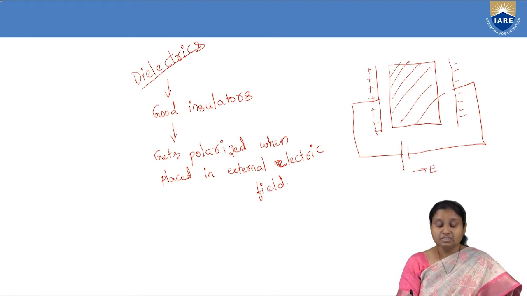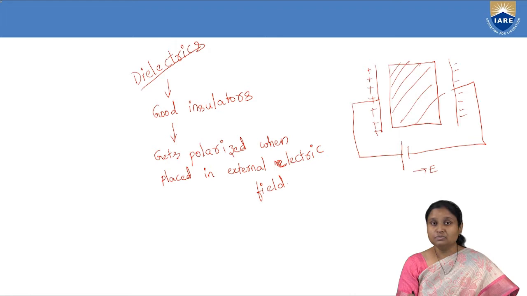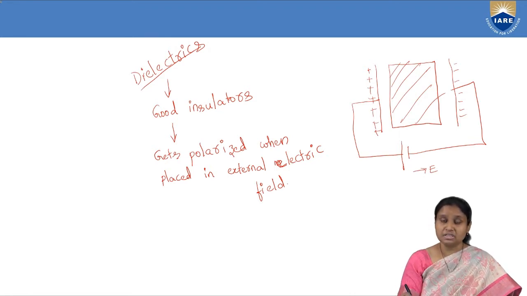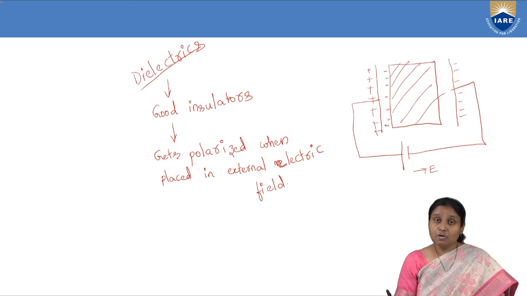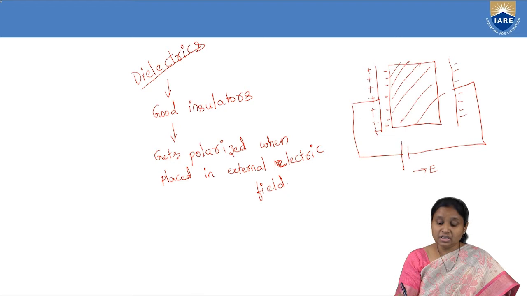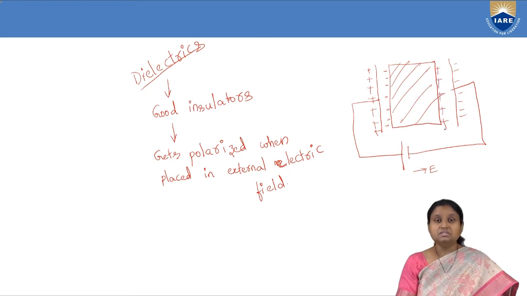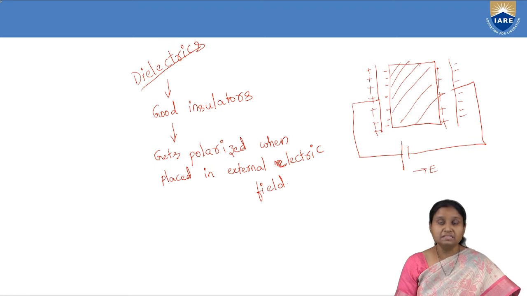In which direction do those charges move? All the negative charges move in a direction opposite to the field, whereas all positive charges move in the same direction as the field.